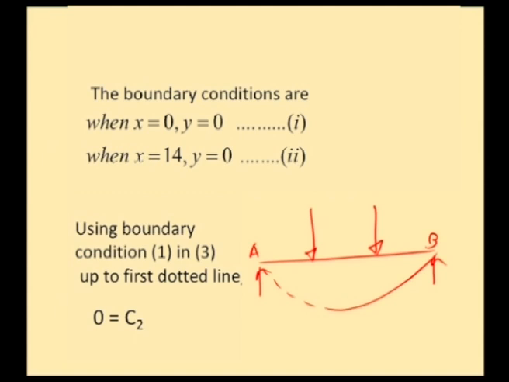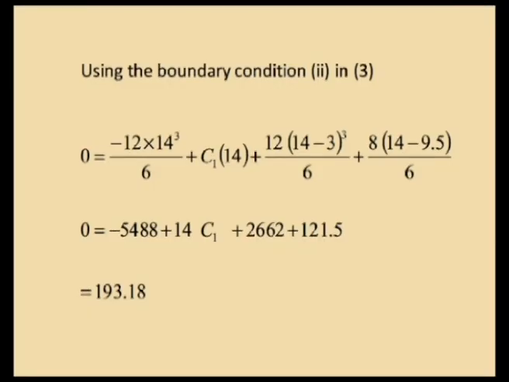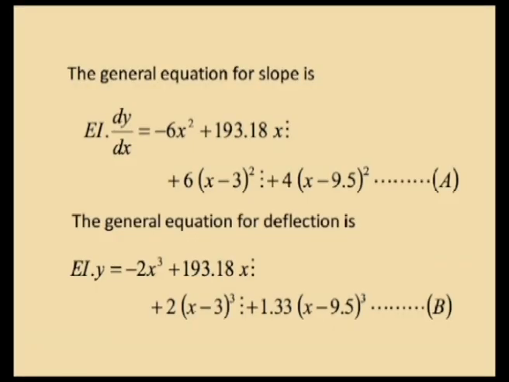Thereby we get the value of constant C 1 as 193.18. Now, we will have the general equation for slope as E I dy by dx equal to minus 6 x squared plus 193.18, that is the constant C 1, plus 6 into x minus 3 whole squared plus 14 into x minus 9.5 whole squared.